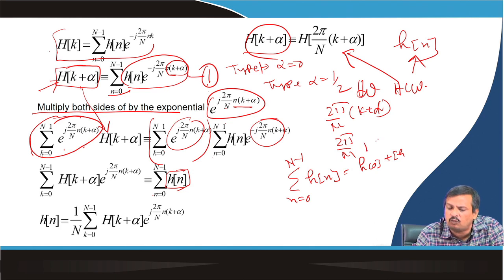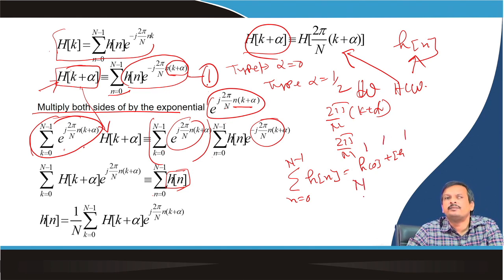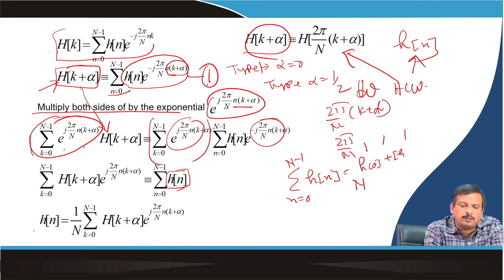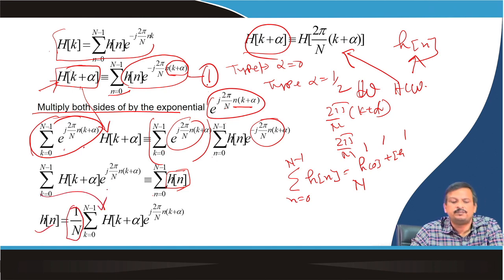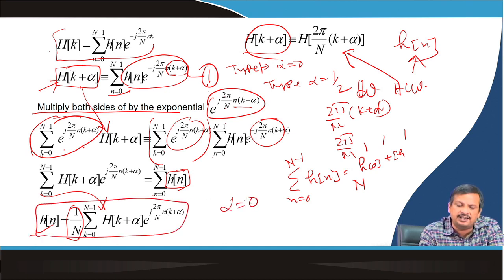If all are 1, it is nothing but n. So, then I can say h of n is equal to 1 by n into this one. Now, if alpha is equal to 0, this is nothing but a simple inverse DFT, IDFT. If alpha is not equal to 0, then also I can calculate.